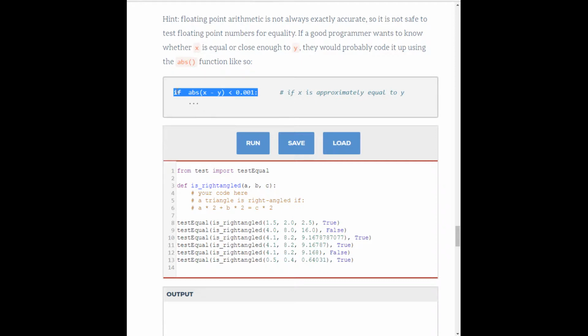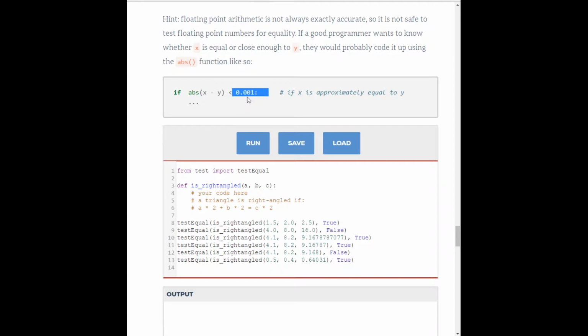And all this is doing is it's checking if the absolute value of x minus y, so using absolute value to test both positive and negative, whether or not it's a little bit more or a little bit less than 0, if that is less than 0.001, then it is basically the same number within three digits of closeness here.